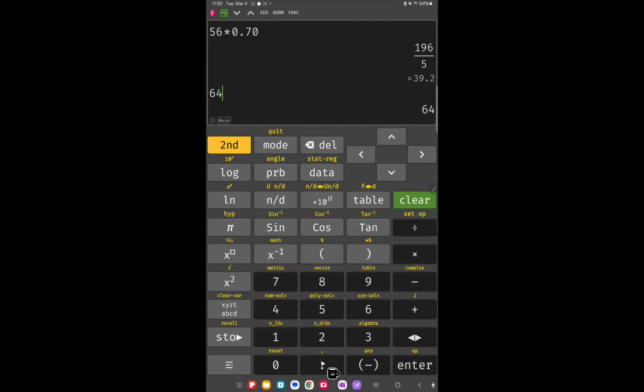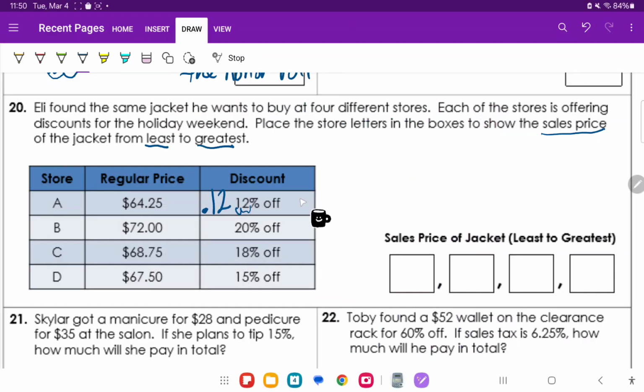So that's $7.71. So that is the amount of the discount, $7.71.